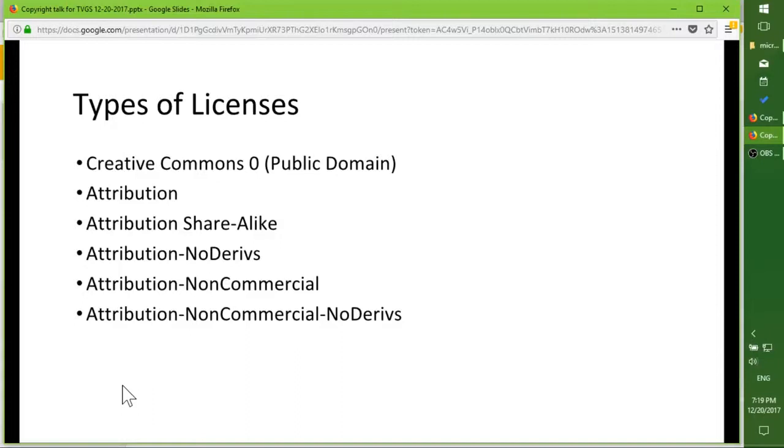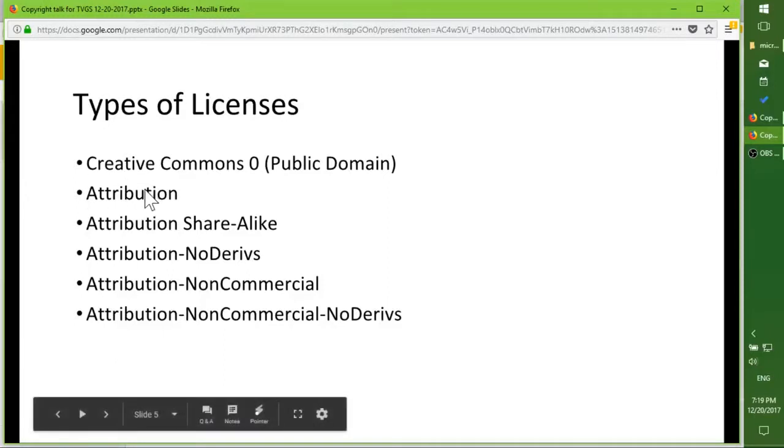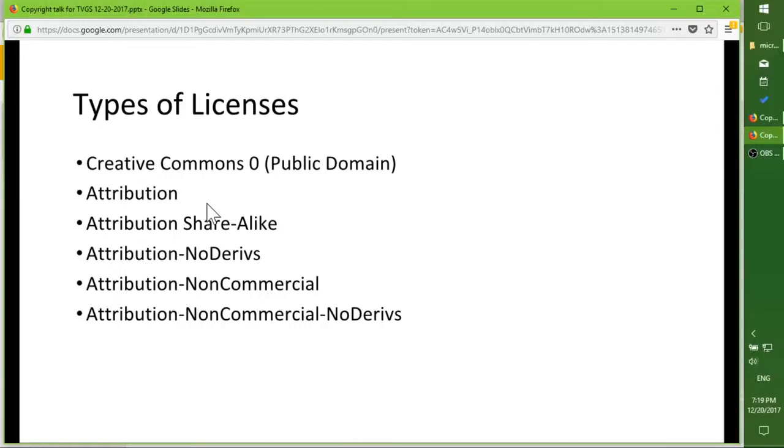In the case of attribution, you just have to say, okay, I used this work, I got it from here, and it was created by this person, and I didn't create it initially. That's the most common one I tend to use. Share alike, you have to share the image so other people can use it.